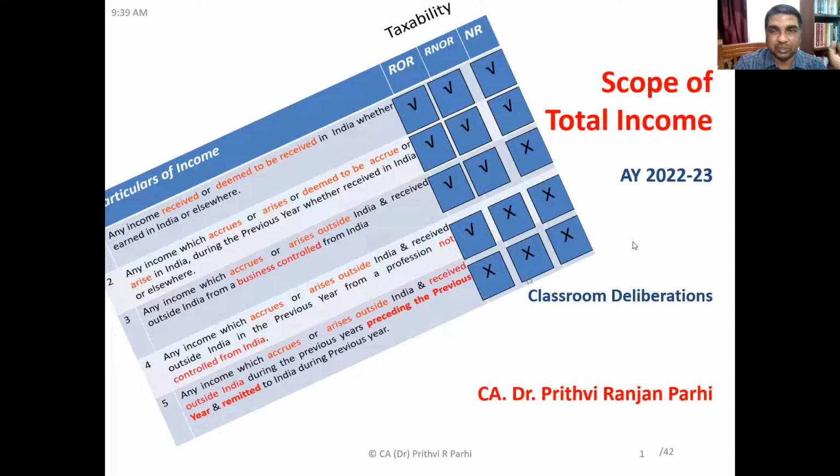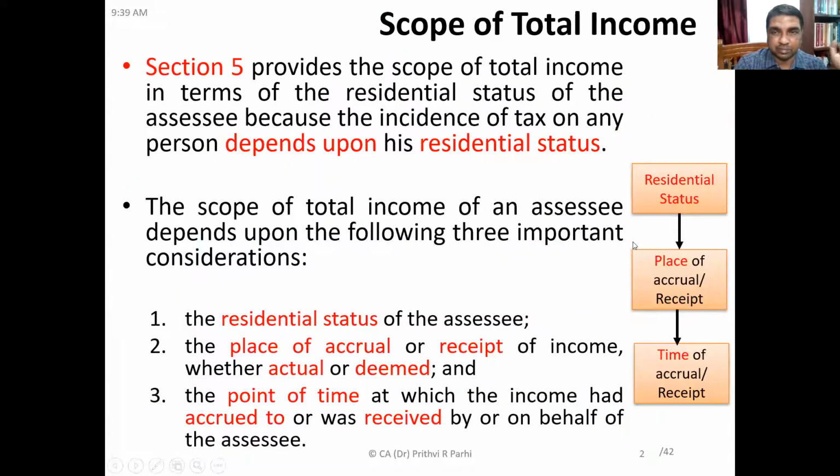Going to share the screen with you right now. For this, we need to learn various sections. So we can start with section 5 and section 6. We have already understood getting residential status. Then section 9 is also important for us.